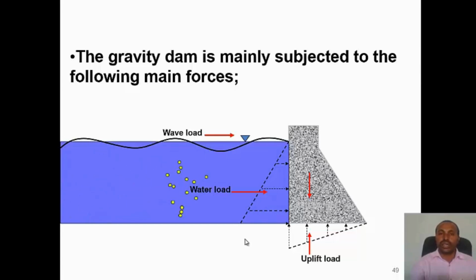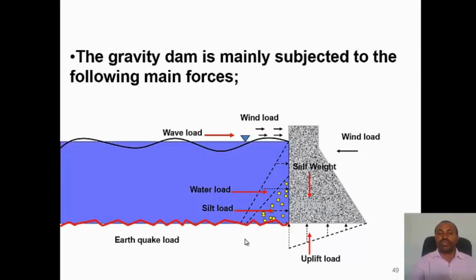Then you may have sediment or silt pressure, which acts on the body of the dam, in front of the dam, as a thrust force. Sometimes wind may act in both directions, either from the upstream direction or from the downstream direction. This is wind load. Sometimes you may have earthquake. If the area is susceptible to earthquake action, the earthquake may be a horizontal or vertical disturbance. It may create a disturbance on the body of water.